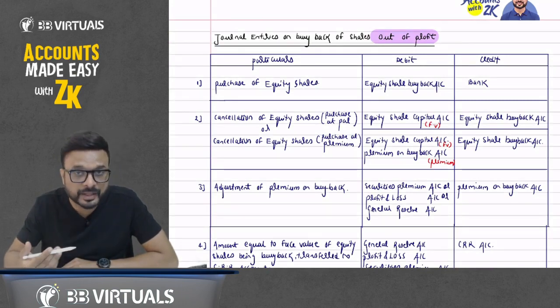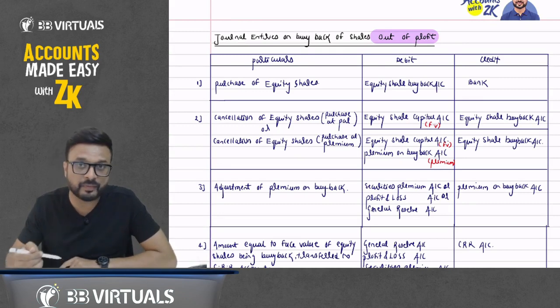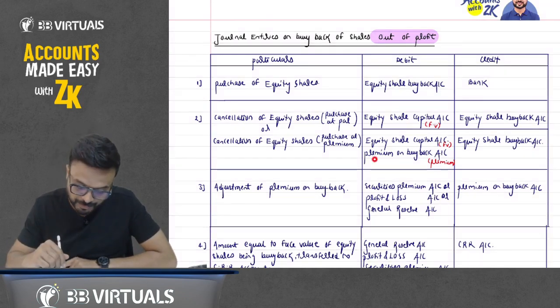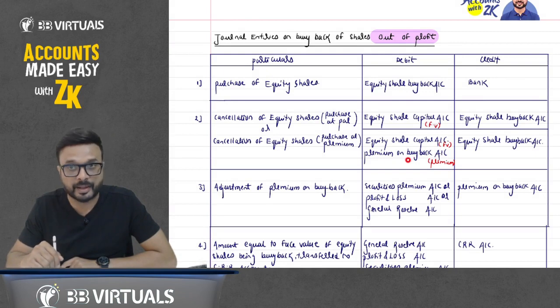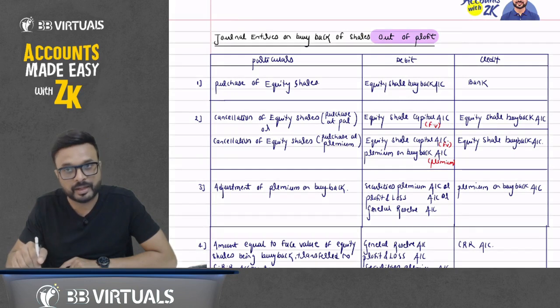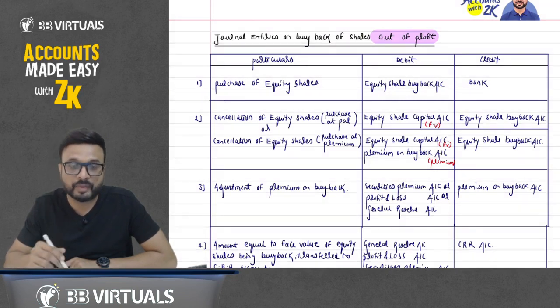Suppose you have paid 15 rupees, so the remaining 5 represents premium on buyback. So premium on buyback account debit to equity share buyback. You have debited equity share buyback and we will credit here. So whether you have purchased at par or at premium.